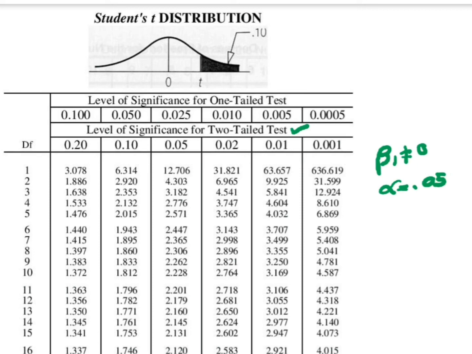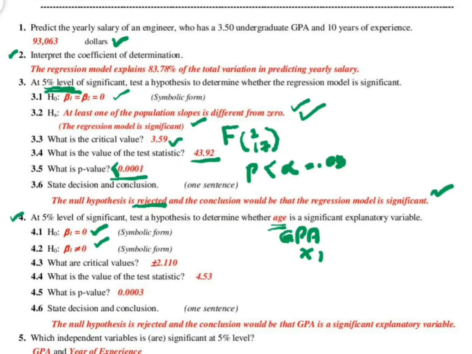Degrees of freedom n minus k minus 1: N is 20, k is the number of predictors, 1, so 17. Row 17, therefore you get 2.110. Two-tailed test, therefore plus and minus 2.110, two critical values. Now the critical value is confirmed.